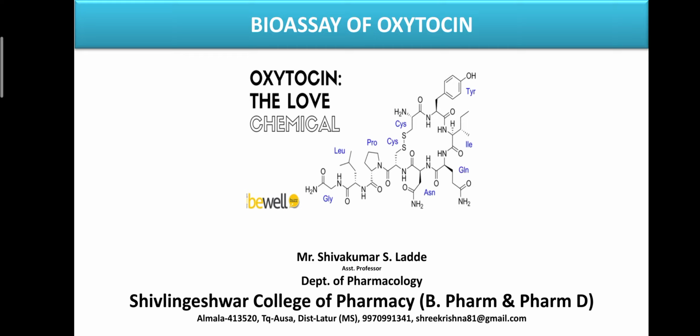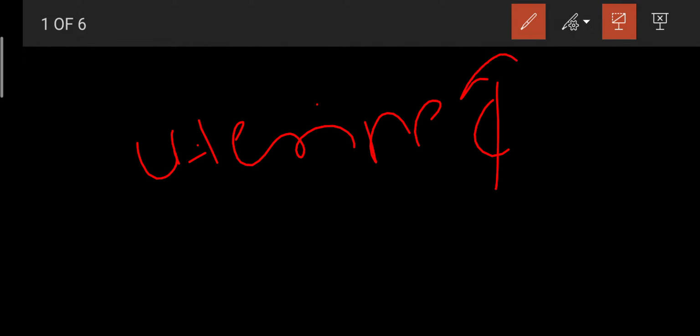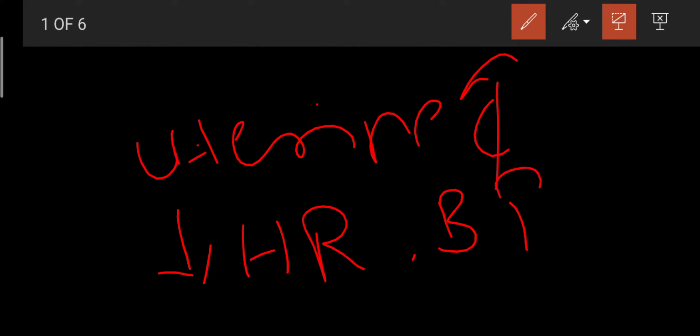Regarding its activity, oxytocin mainly causes uterine muscle contraction. Oxytocin also decreases heart rate and blood pressure.